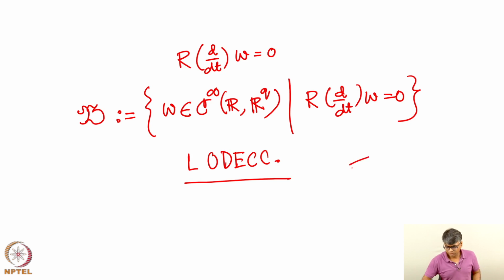Now, this is for continuous systems. What you do for discrete systems is something quite similar to it. In fact, for discrete systems, like we have the differential operator d/dt, we have this shift operator sigma. What does it do? Sigma acts on a sequence and produces another sequence.